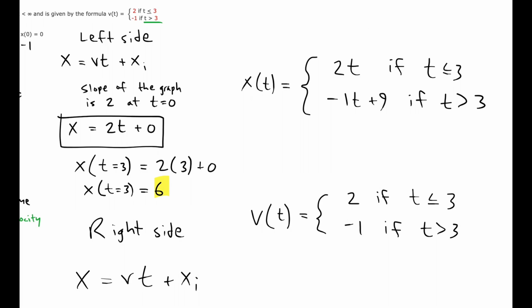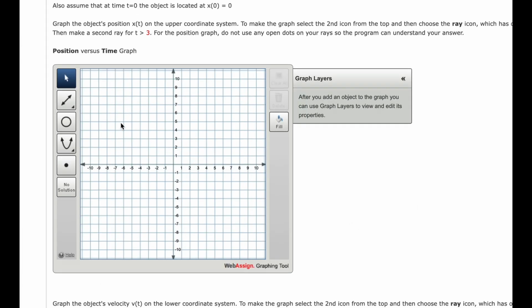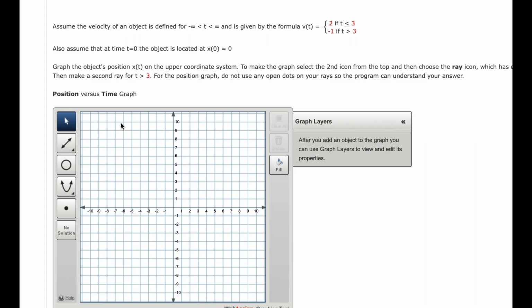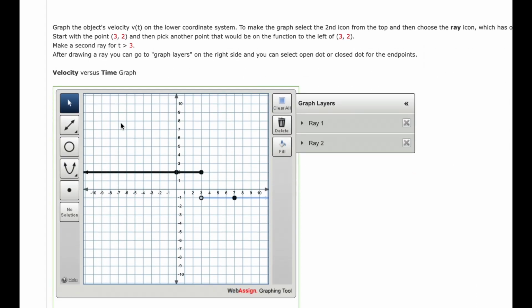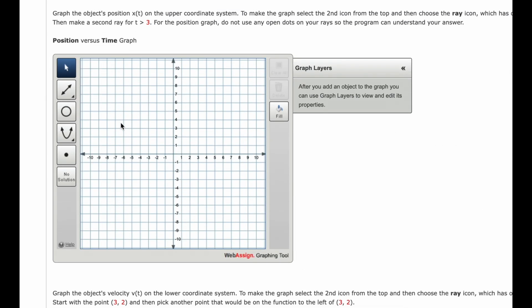Let's try to plot this now in Webassign. We already plotted the velocity. Now let's plot the position. Now once again we want to select the ray tool and we want to start our drawing on a point that we know the ray terminates at.